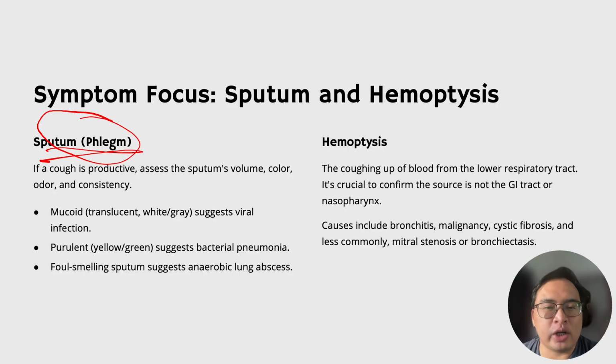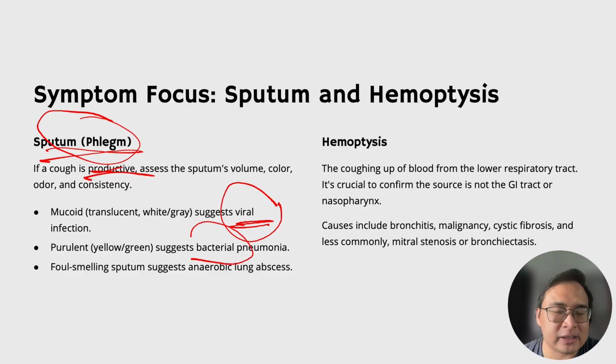So if the cough produces sputum, then the cough is said to be productive. Okay? So you have to assess the sputum's volume, color, odor, and consistency because it gives you a clue as to the etiology of the disease. Although this is not very reliable, if I'm going to be honest with you. Okay? Viral infections generally produce less flagrant inflammation than bacterial causes.